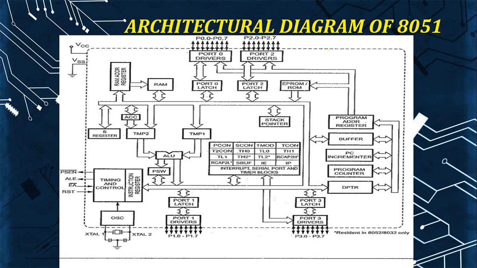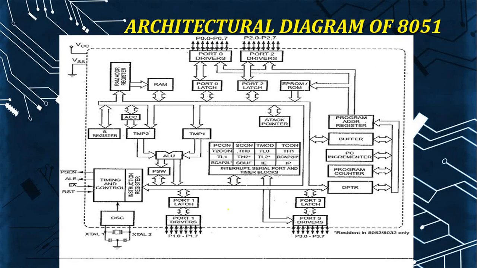See the architectural diagram of 8051. This is the architectural layout. When we compare the block diagram and the architectural diagram, the block diagram has almost all of these elements, but it does not have this circuit. We will not have a stack pointer or temporary registers there, while the B register is present.